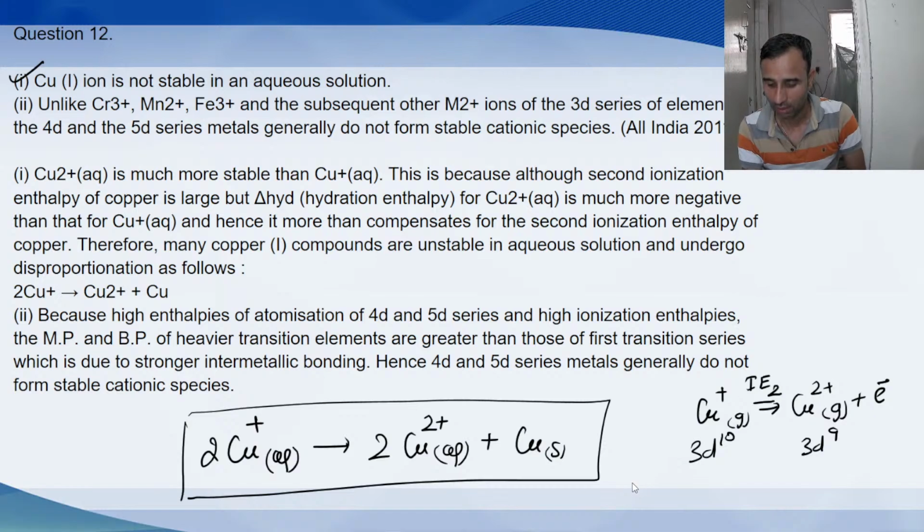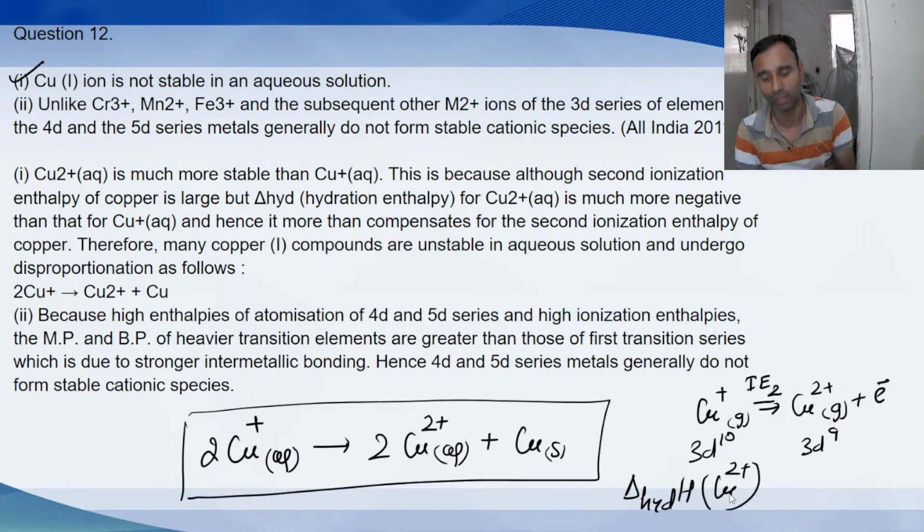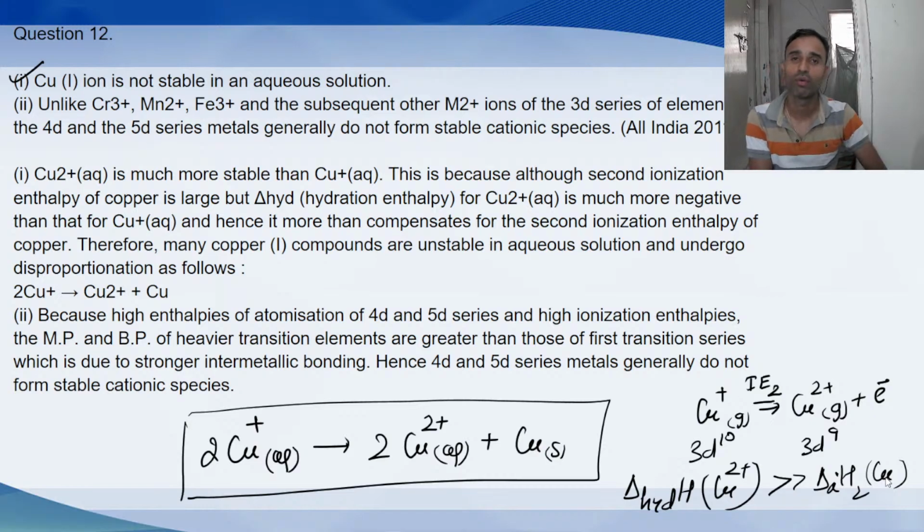So the hydration enthalpy of copper 2 plus is very large. The magnitude of the hydration enthalpy of copper 2 plus is much larger than the second ionization enthalpy of copper. It means that to convert copper 1 plus to copper 2 plus, the energy required is less than the energy released when copper 2 plus is hydrated, and that is the reason I explained in the previous lecture.